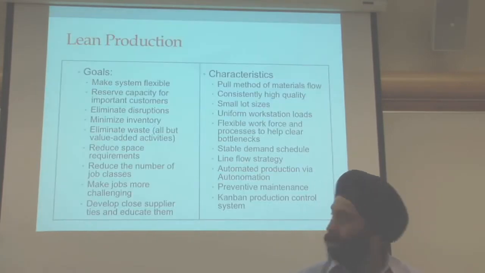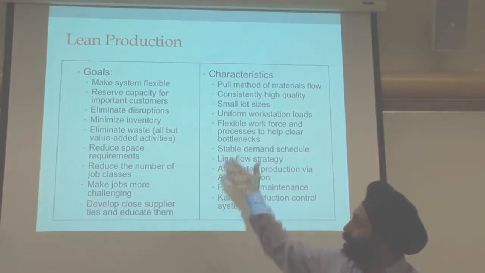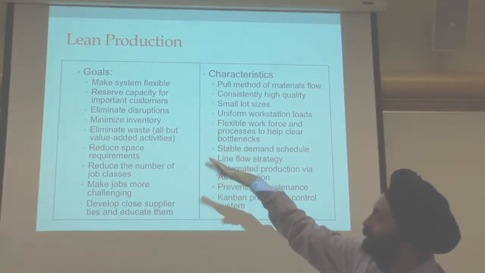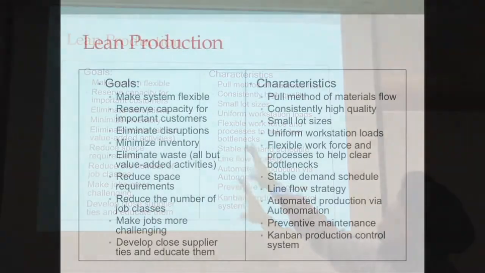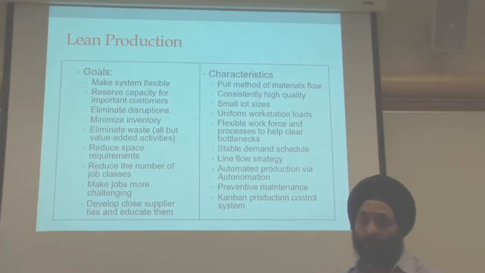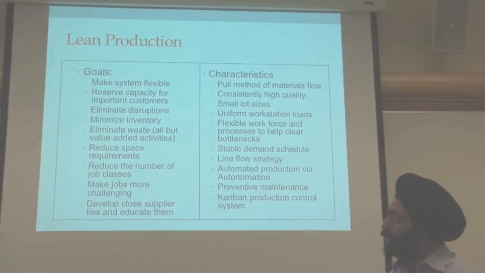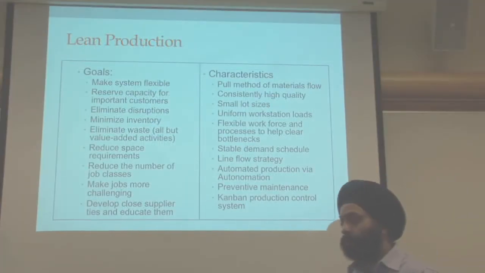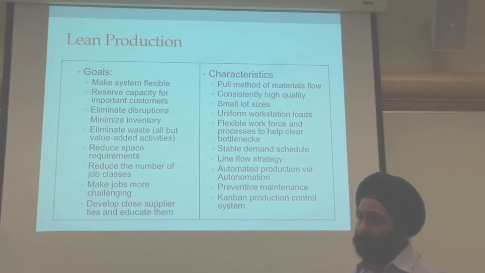Now, in terms of lean production, the goals of lean production are to make the system flexible, which allows, one of the ways to do it is to reserve capacity for important customers who are paying the full fare, if you will, or important customers without which the company cannot accomplish their bottom line goals.